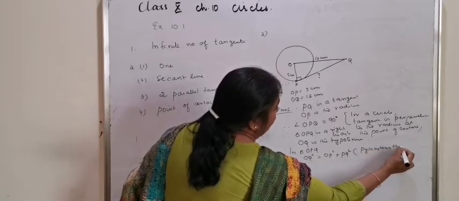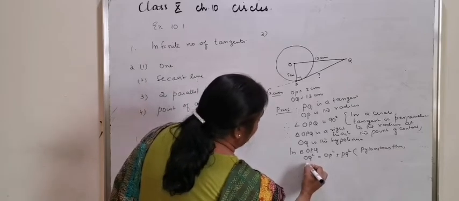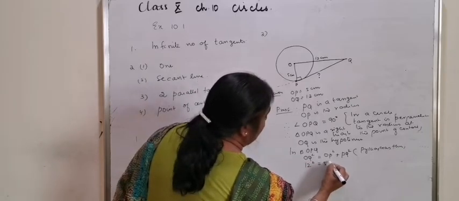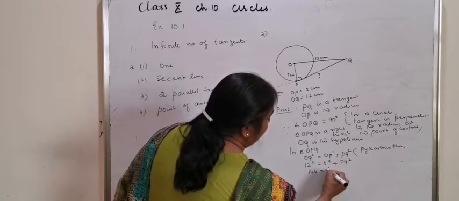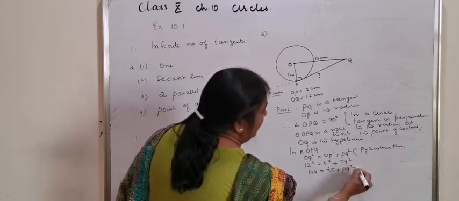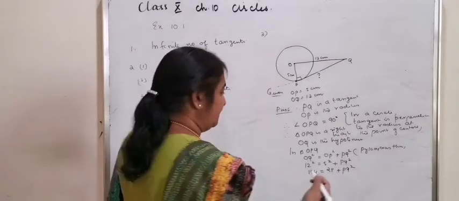That is 12 square is equal to 5 square plus PQ square. 144 is equal to 25 plus PQ square.